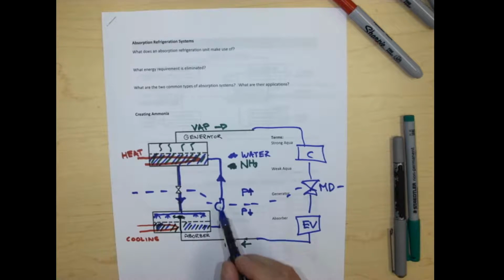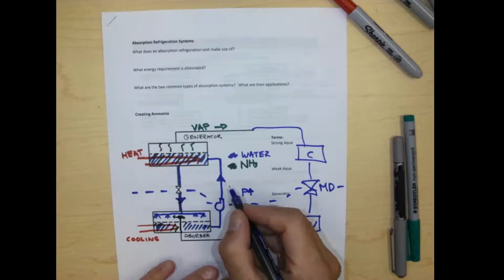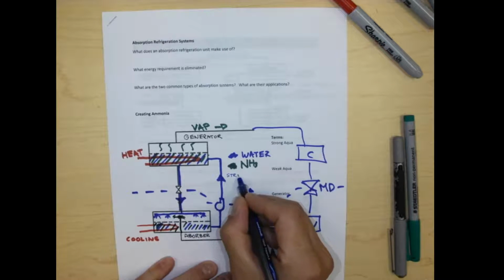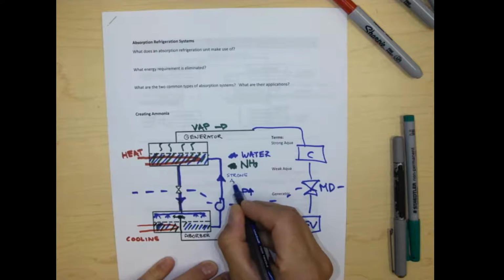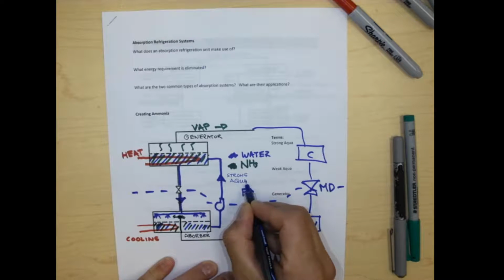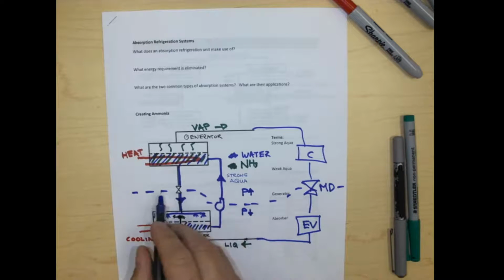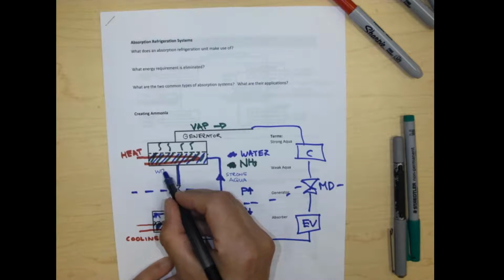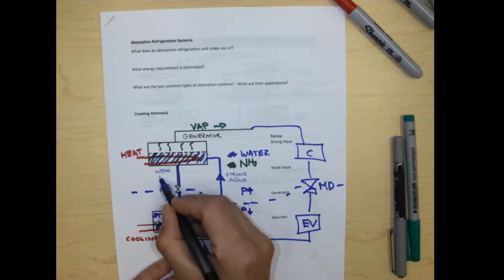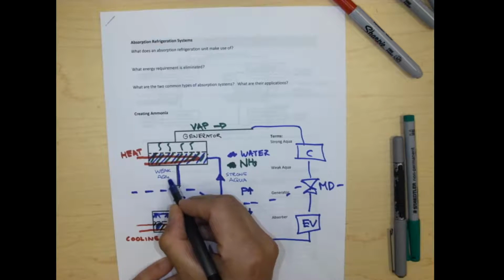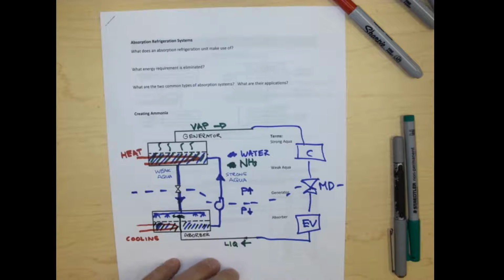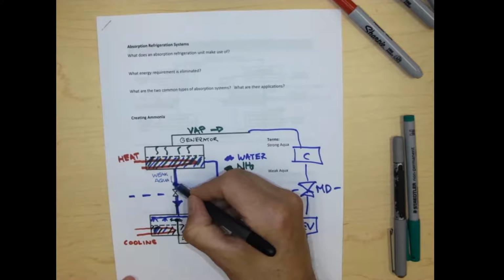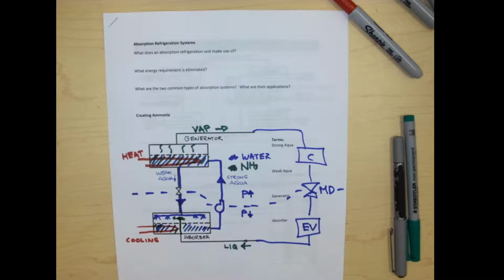Okay, so coming up from my absorber, making its way to the generator, is going to be my strong aqua. And then on the way down, where I have less ammonia, I'm going to have what's known as a weak aqua solution.